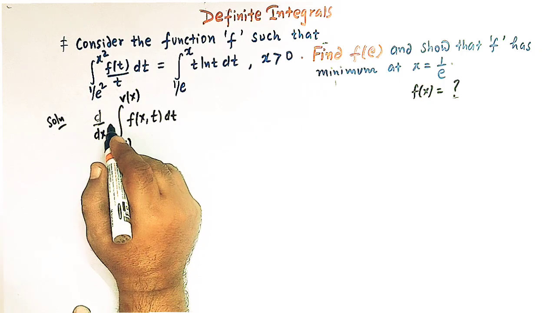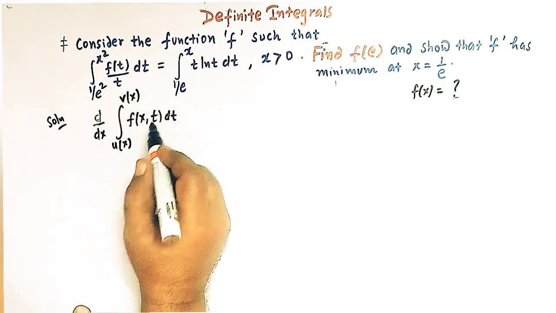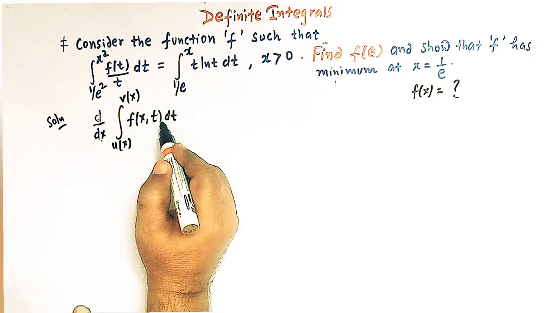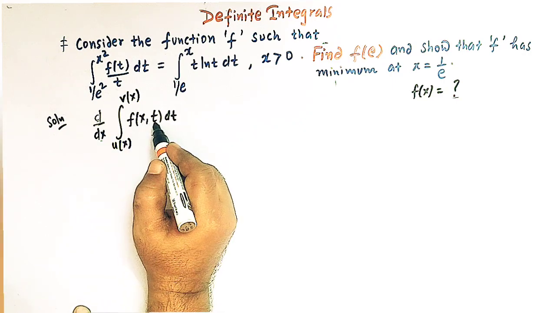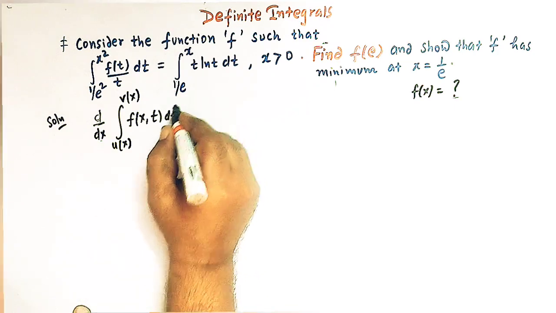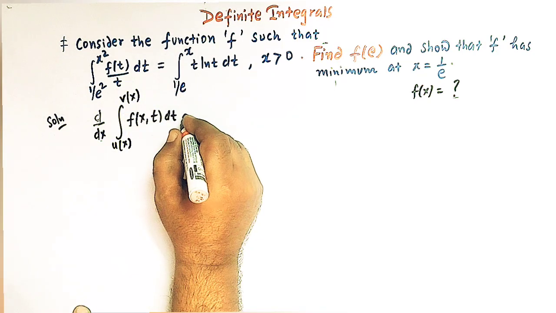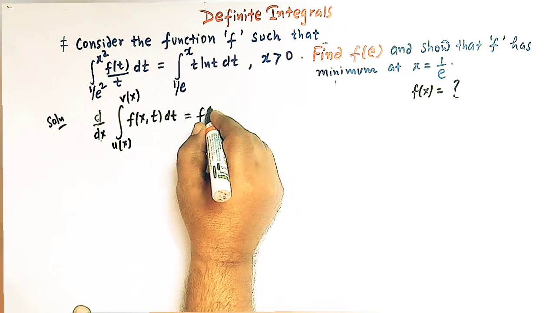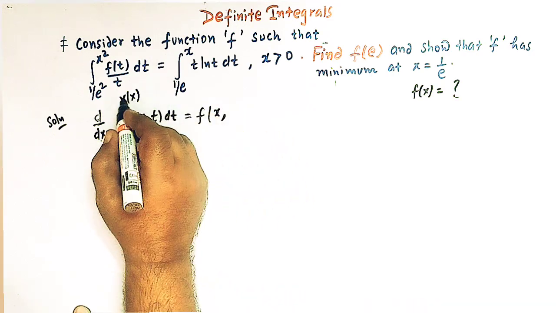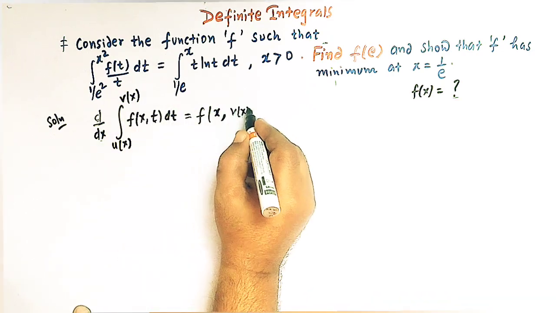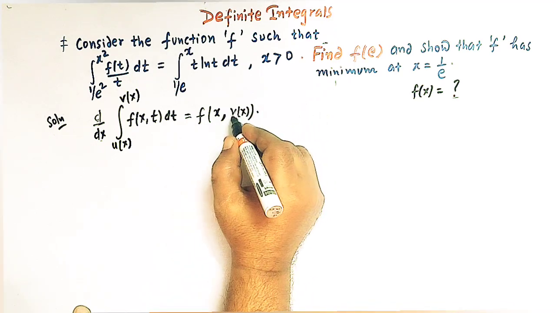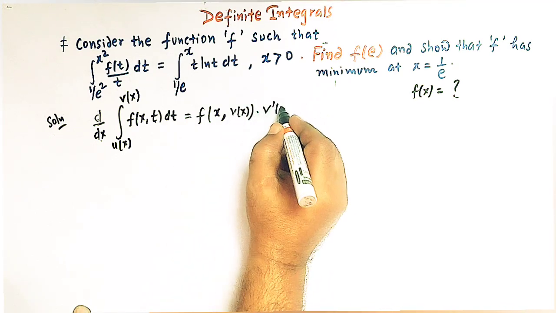So if we wish to differentiate this integral with respect to x, when we have the integrand f of x comma t and the limits of integration are functions of x, then the derivative of this integral is given by f of x comma, first we replace this t by the upper limit. So here we have v of x, and then we multiply this term with the derivative of v of x, that is v prime of x.